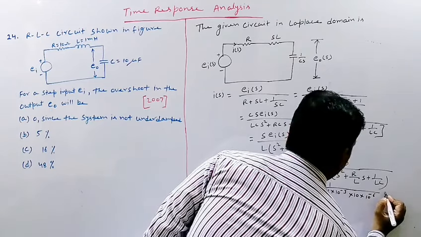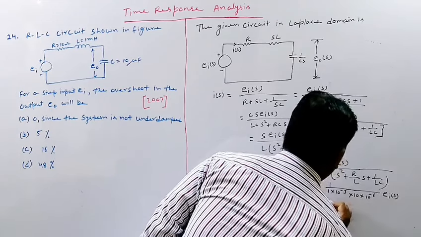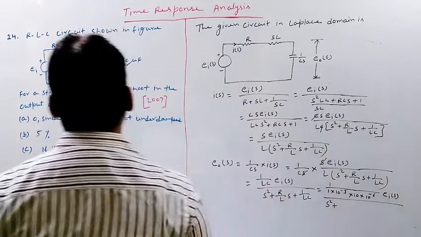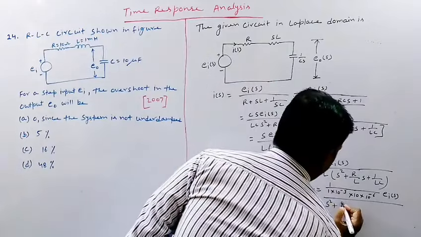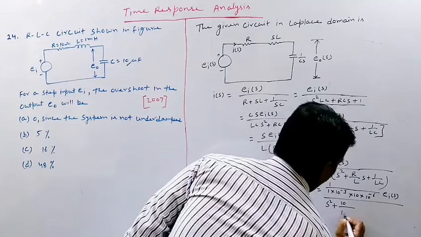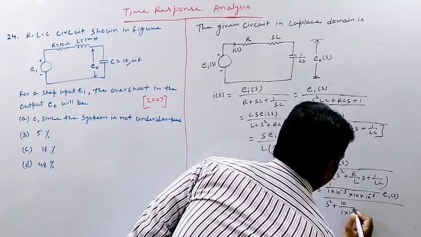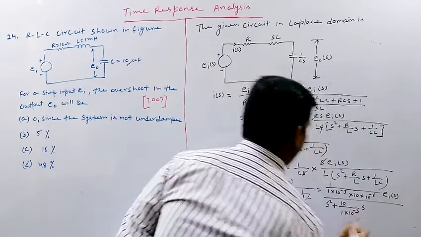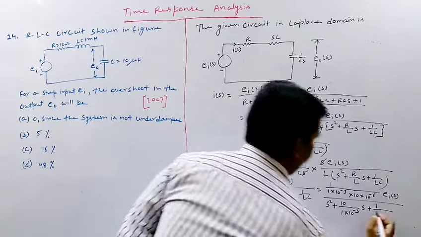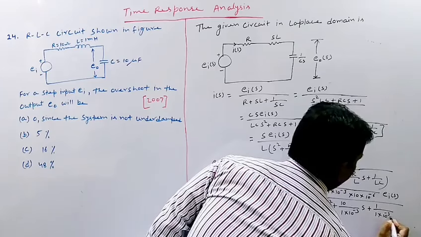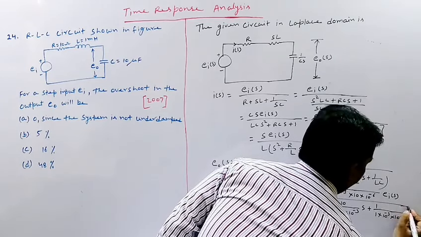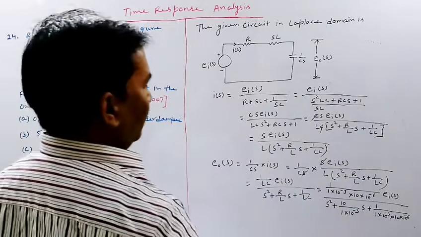And this is EIS divided by S square plus R by L. R is 10 ohm, divided by L, which is 1 millihenry, so 1 into 10 to the power minus 3. And what is LC? LC is again 1 into 10 to the power minus 3 multiplied by 10 into 10 to the power minus 6.